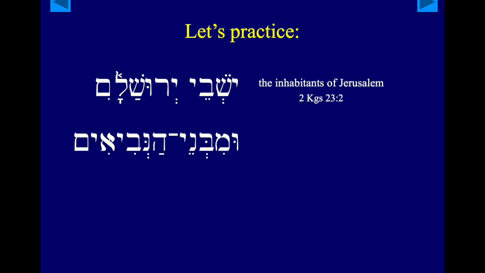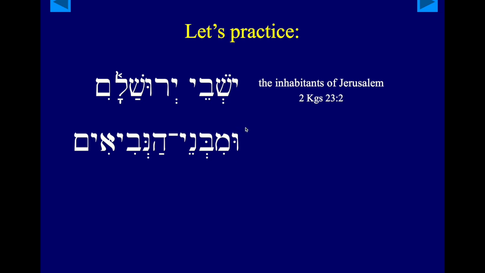Here's another example. U mibnei ha-naviim. This looks like a mess up here, but whenever you see a mess in Hebrew, start to take some things apart. Remember that you can divide. Look for things that you know that have been combined, right, and added to. One of the first things you can look at is the word and, u here. Remember, it's usually va. Va means and.